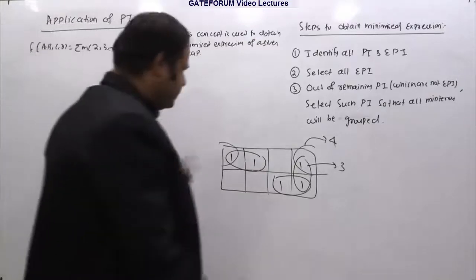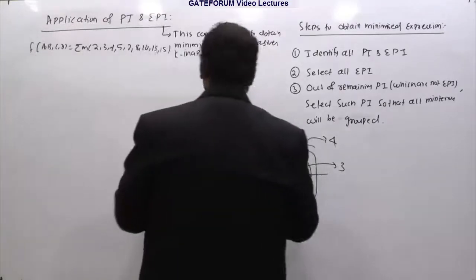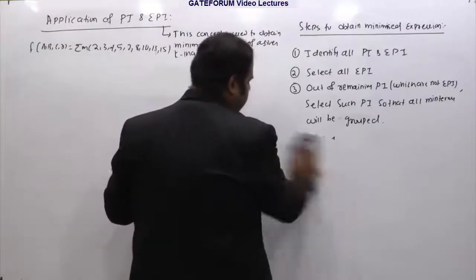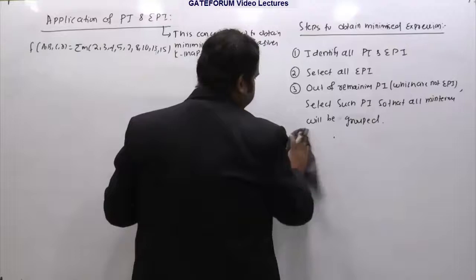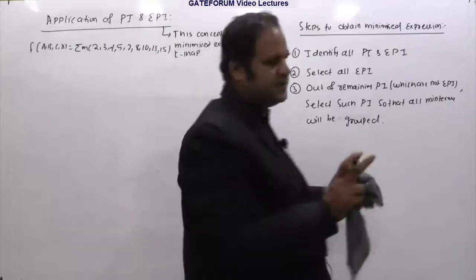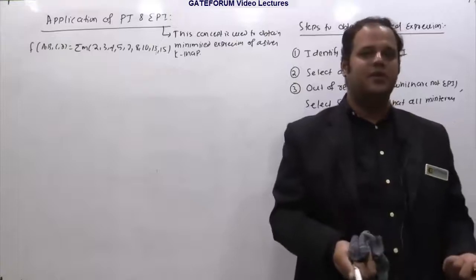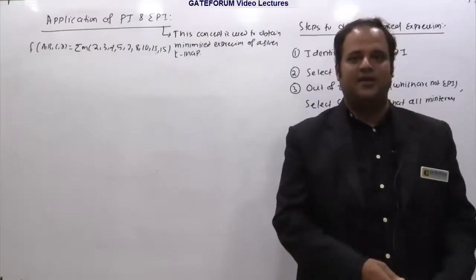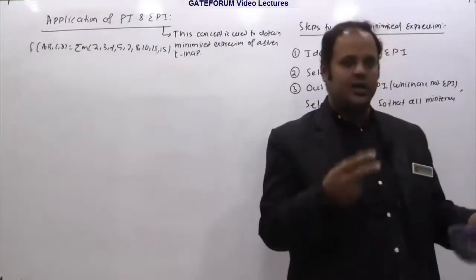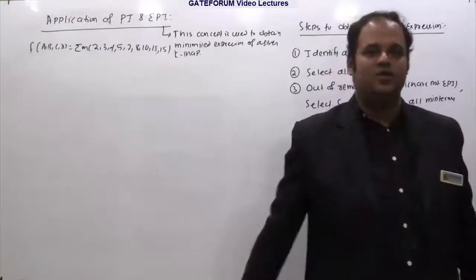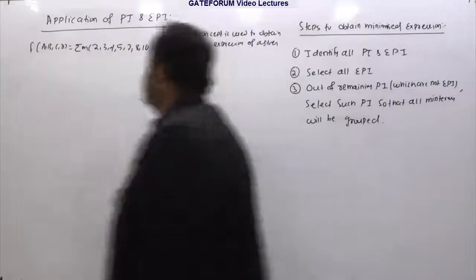This is the function I have given of 4 variables. In this case, you have to obtain the minimized expression using this concept of PI and EPI. By the way, I am not writing the expression actually, I am just telling you what groups are to be included, because if you know what groups are to be included, then writing the expression is not a big deal. So I am just telling you how to pick up the corresponding groups with respect to PI and EPI concepts.